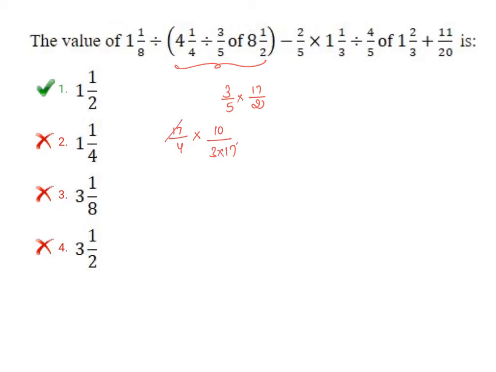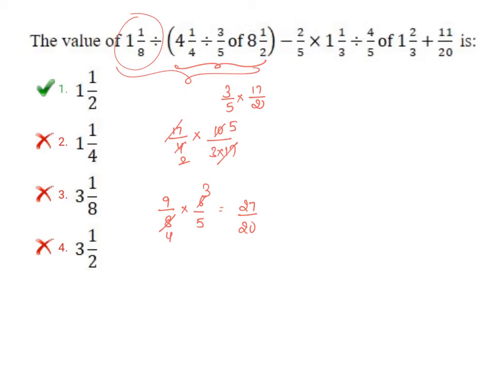So 17 cancel, 2s are 5s are, so it becomes 5 by 6. Again this becomes 9 by 8, 5 by 6 reciprocate, so it becomes 6 by 5. So you can say 2 4s are 3s are, that is 27 by 20. So up to here it is 27 by 20.